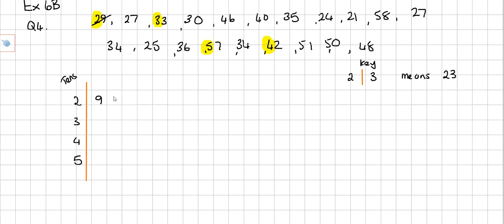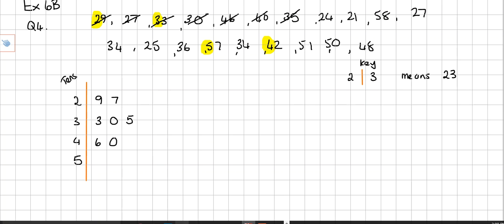So I'm just going to put the 7 afterwards. 33 goes there. 30, and you can see how it's lined up. 46, 40, 35, and so on. Right? We keep going.